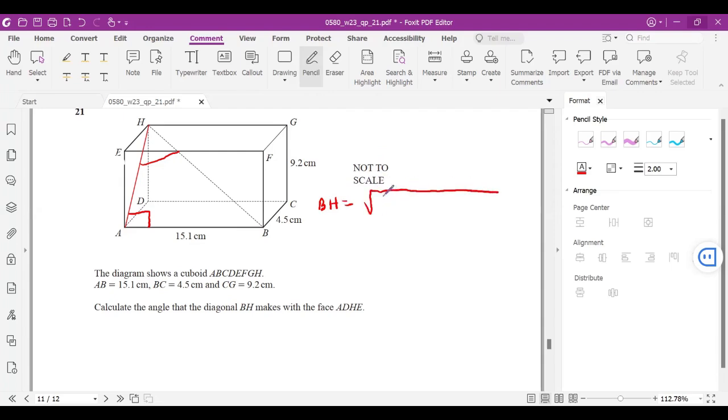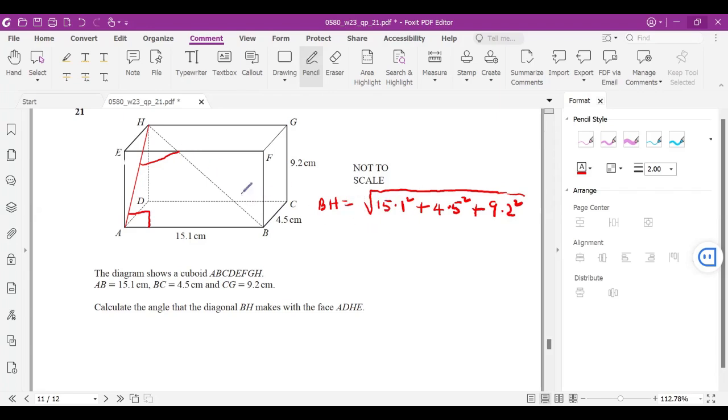It's going to be the square root of 15.1 squared plus 4.5 squared. That's the formula. Plus 9.2 squared. So this is the method of finding the longest diagonal.